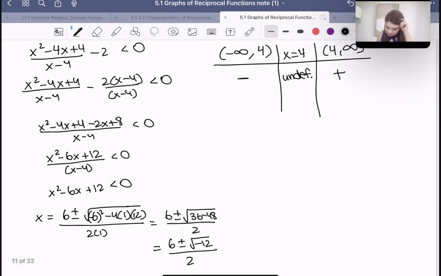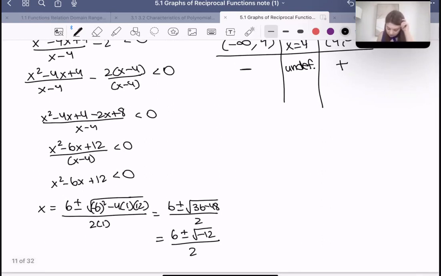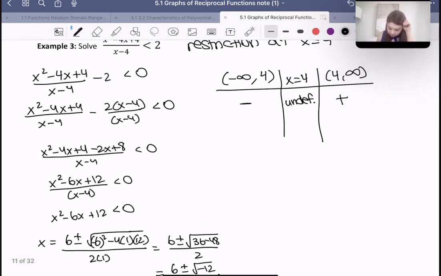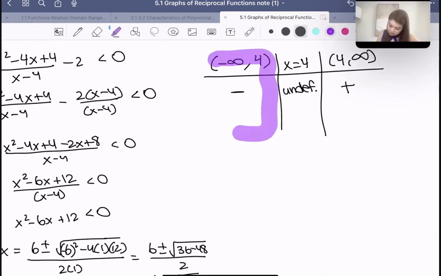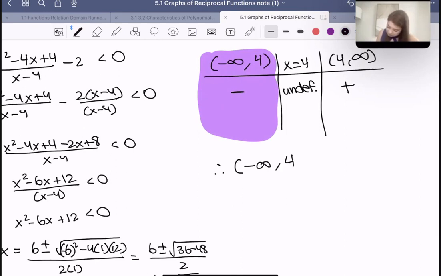We have no way to make the top 0, so we just need to consider the restriction we have here and figure out in which of those places it's going to be negative versus positive. What do we want in this case? We want places where it's negative, where it's less than 0. So it's only this one that we actually care about. So the answer is just from negative infinity up to 4.